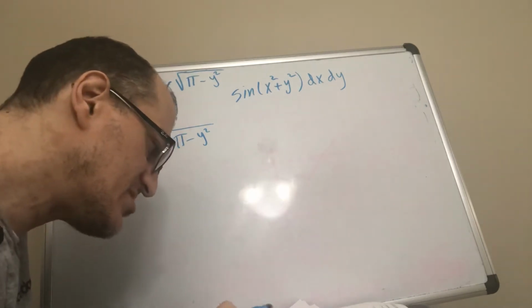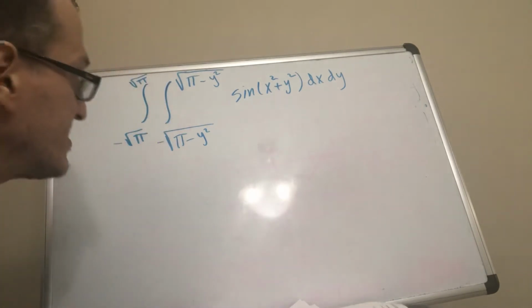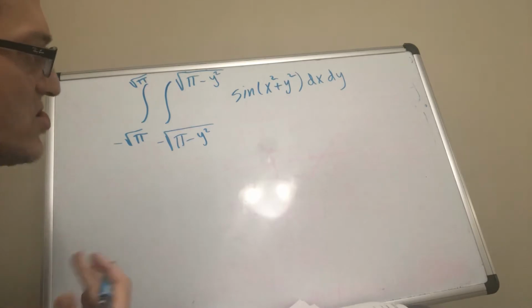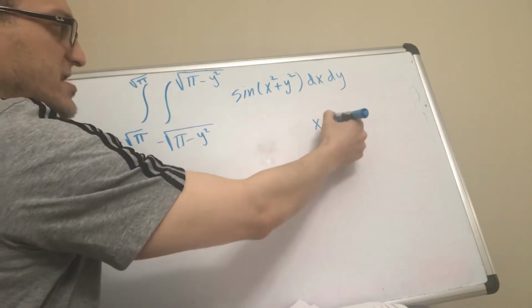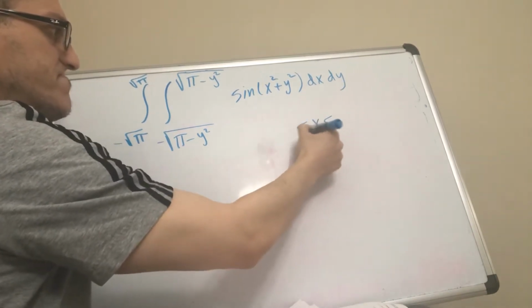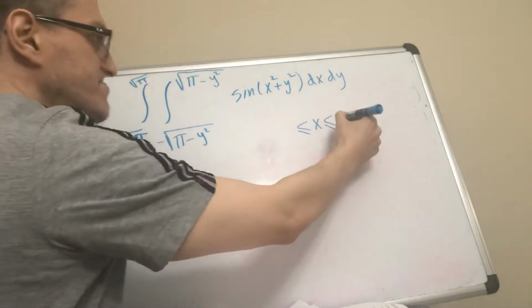Now, using polar coordinates, again, it's usually helpful to sketch. Since dx is done first, the x limits are between this and this.